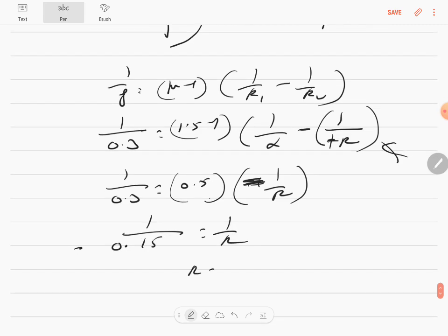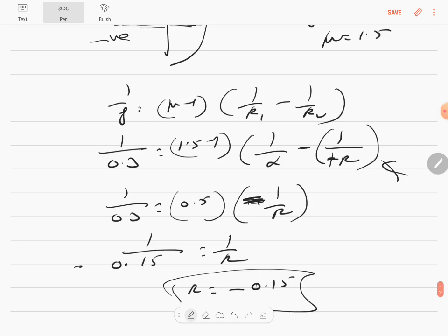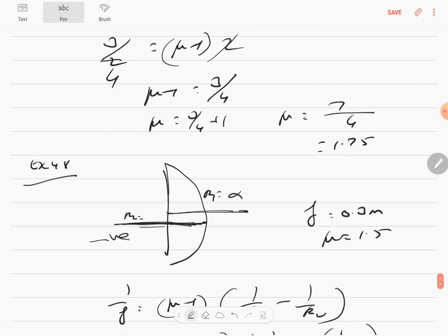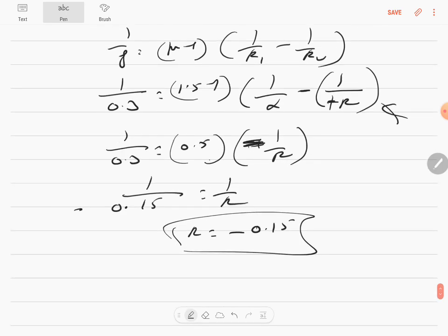So R itself is minus 0.15, which shows that it's to the left. But they have changed it to plus and found R. But you know that the radius of curvature with the sign convention has to be negative. It doesn't matter. You can say the magnitude of the radius of curvature is 0.15, and it is to the left.